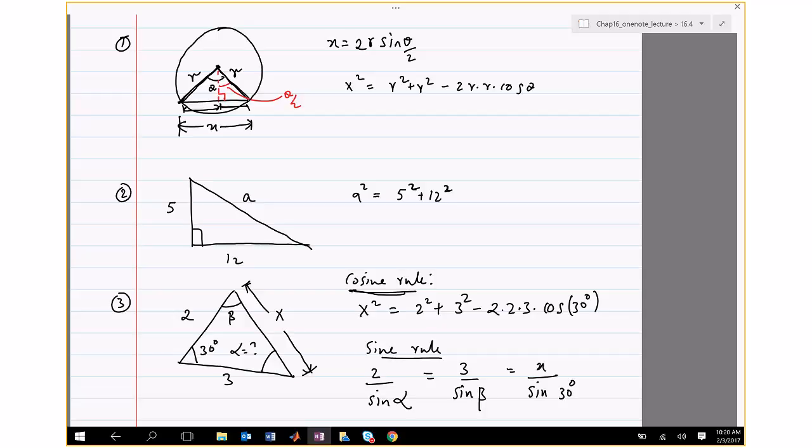So you can do it. It's 2r square times 1 minus cosine theta. I skipped a few steps. So 1 minus cosine theta is actually 2 sine square theta divided by 2. And now if you take the square root, you'll actually get this expression, right?